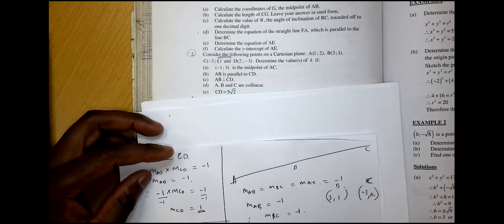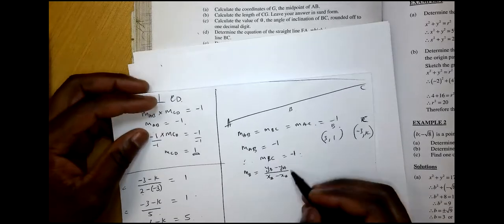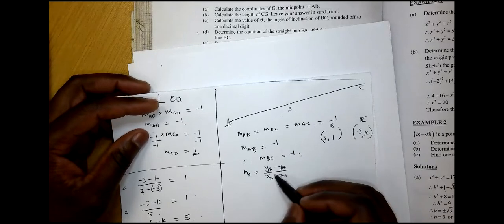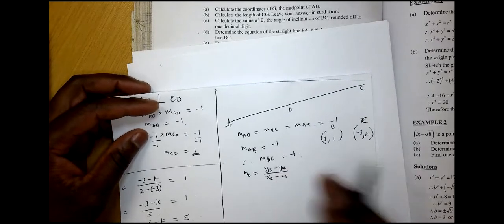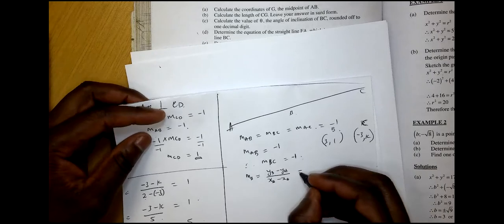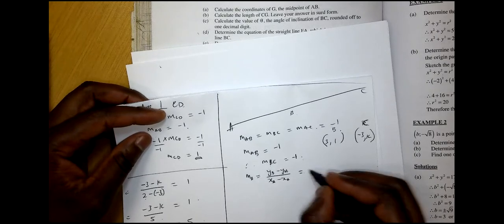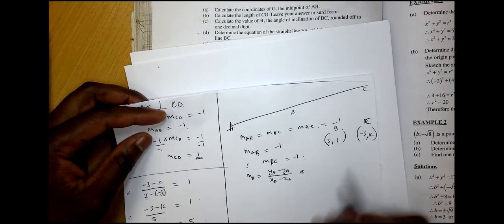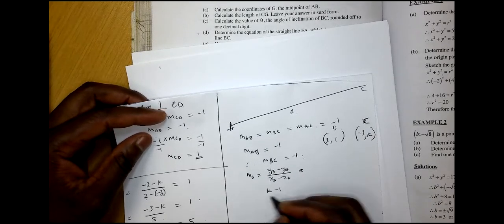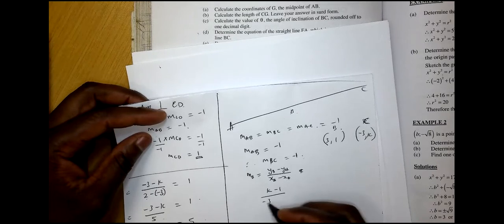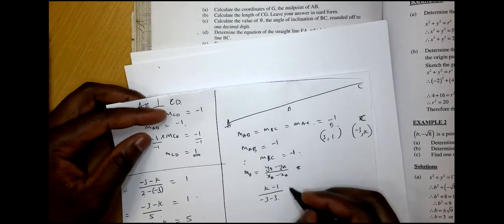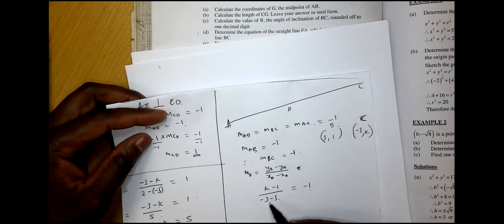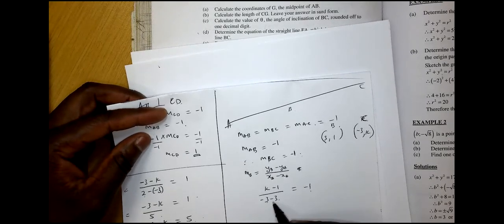You must practice writing this so that you get used to it and you get to understand it better. Okay. Now here, what are you going to get? We take K minus 1 over negative 3 minus 3. Then here, negative 3 minus 3, we get negative 6.